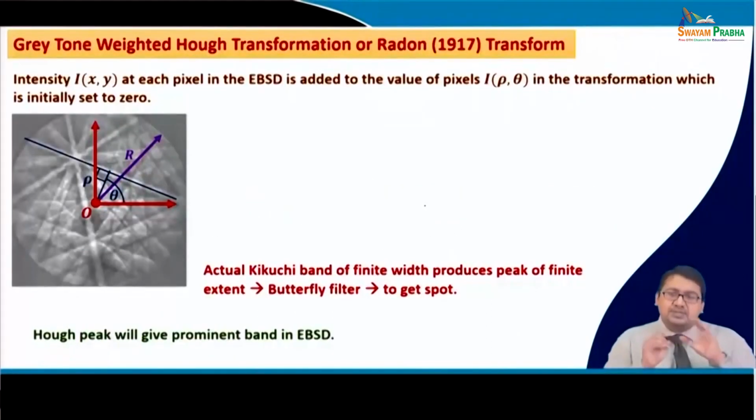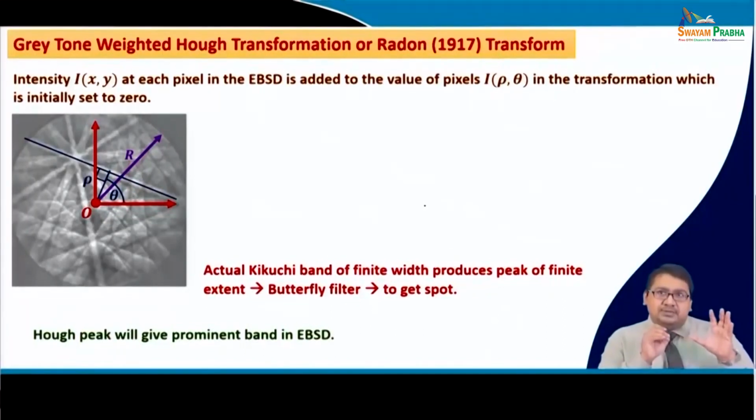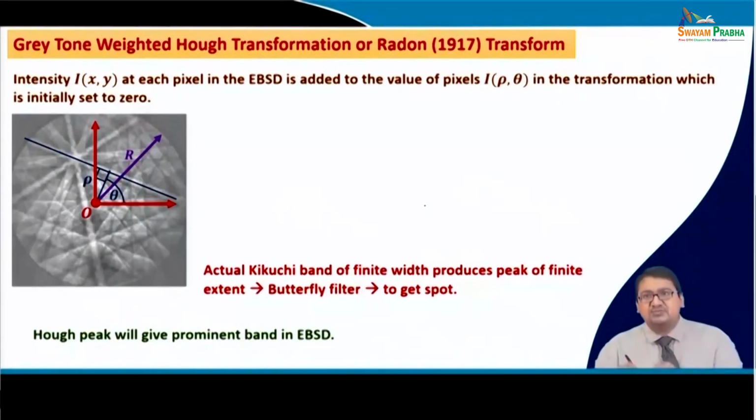Now, you see that the method by which actually the Kikuchi bands are transformed into half space are basically known as gray weighted half transformation, or you see radon transformation.